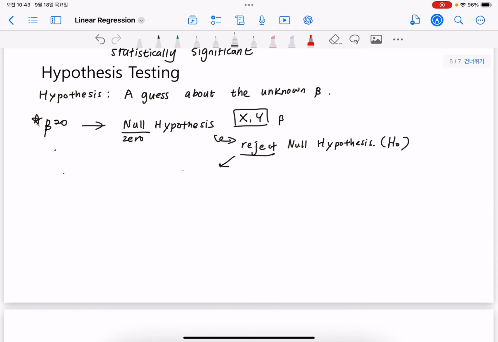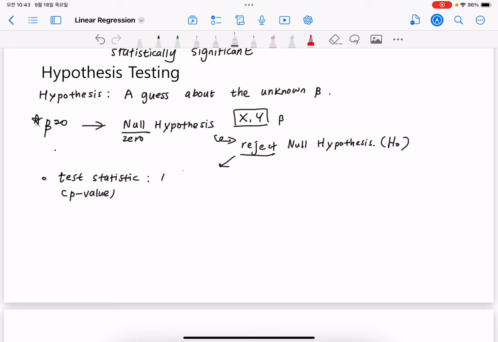Then how to reject the null? In order to do that, we need what's called a test statistic. And in our sense, this is the p-value. There are many test statistics, but the p-value is used.